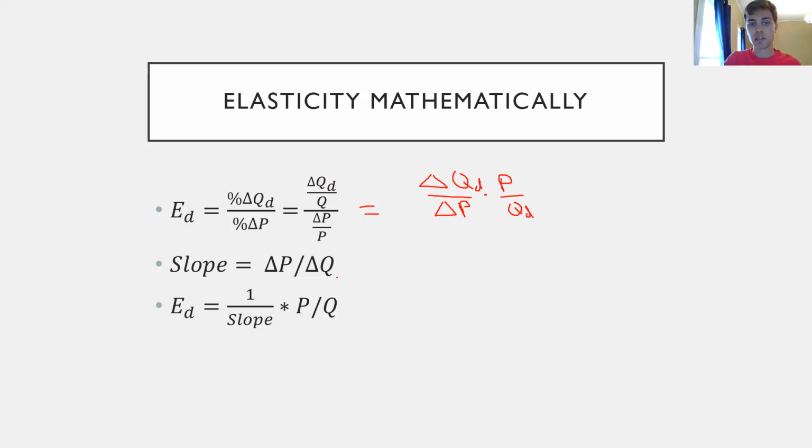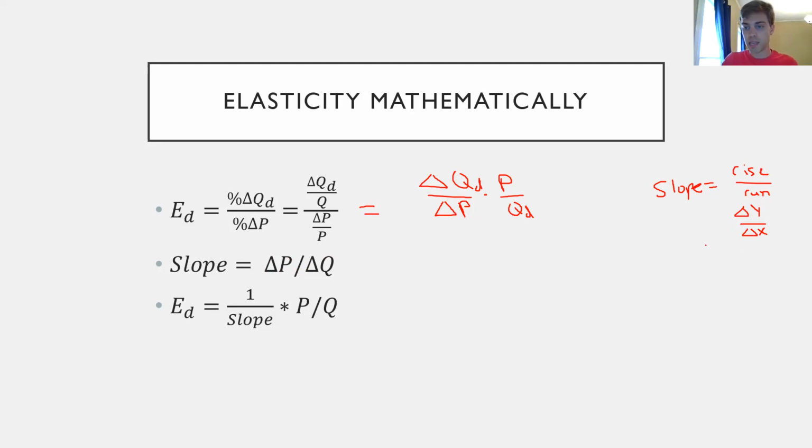Now, we also know that slope is just rise over run. This is what I learned in algebra: rise was on the y-axis and run was on the x-axis, so we had change in y over change in x. With our demand and supply framework, our y variable on the vertical axis is price.